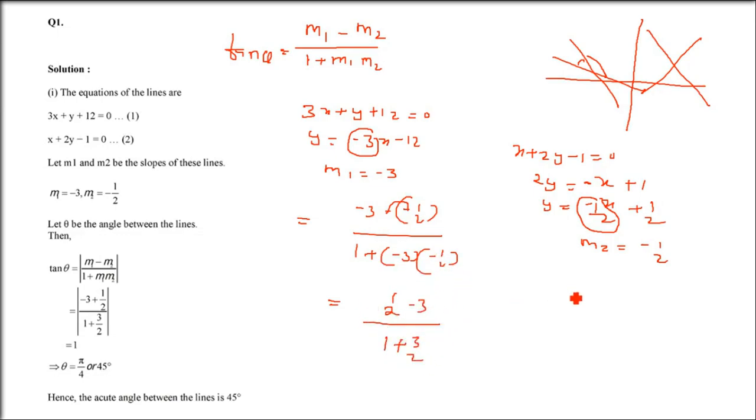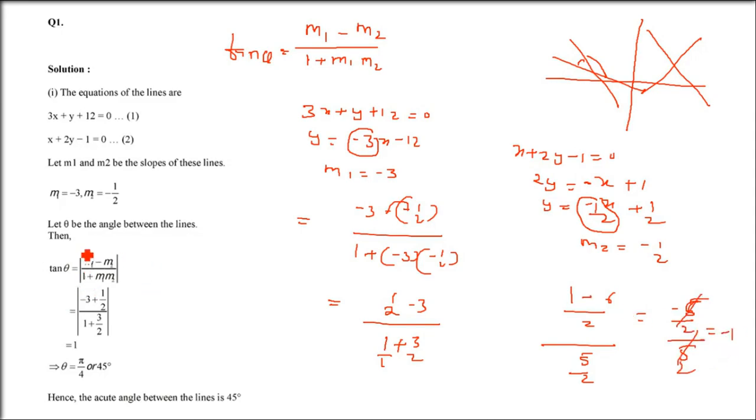If you solve this, the numerator is 1 minus 6 by 2, and here we have 2 plus 3, so 5 by 2. So you get minus 5 by 2 over 5 by 2. It gets cancelled, and you get minus 1.